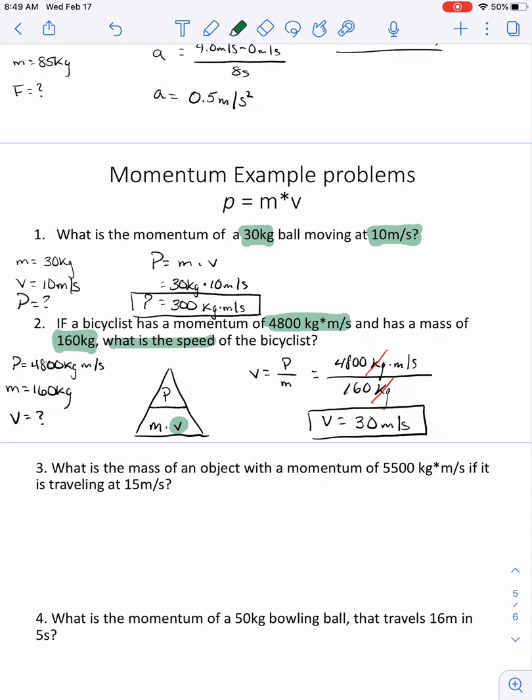If I look at example problem number 3, here it says, what's the mass? So I know I'm looking for m. I see 5,500 kilogram meters per second, and I know that's a p because of the units, kilograms meters per second.